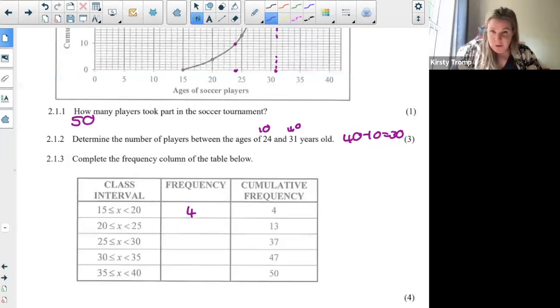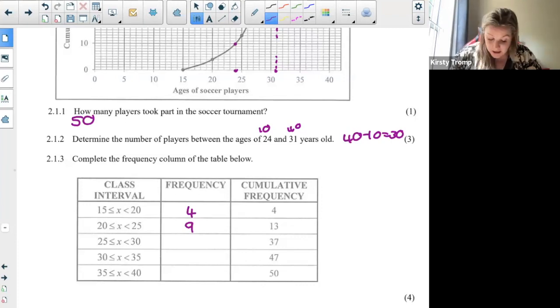We're working backwards. My cumulative frequency was 13, so to get a cumulative frequency of 13, I must have said 9. 4 plus 9 gave me 13. I'm hoping this makes sense.